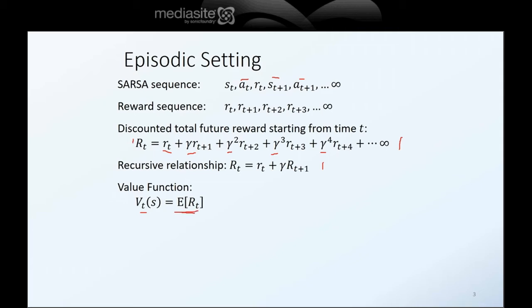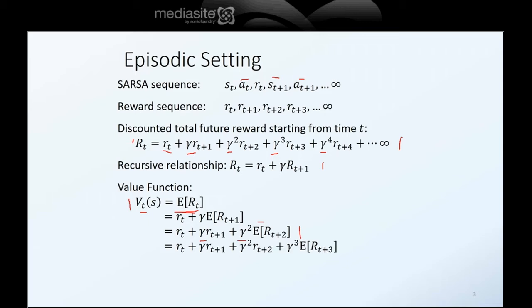So expected total reward is equal to the value of the state, which is equal to lowercase r_t, the immediate reward, which is deterministic, plus gamma times expected reward at t+1. And we can expand that further, which is equal to r_t plus gamma r_{t+1} plus gamma squared times expected total future reward starting from t+2 and so on.